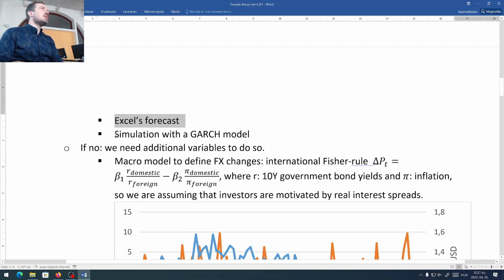Practically we just have to see what the worst case scenario for exchange rate changes is, or whether we can expect that it will appreciate or depreciate.